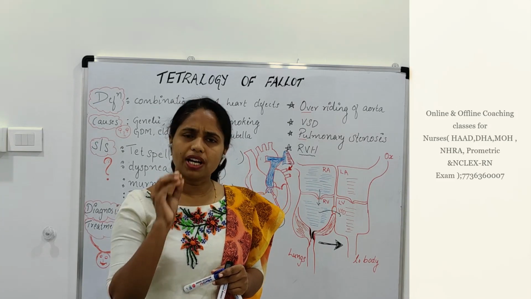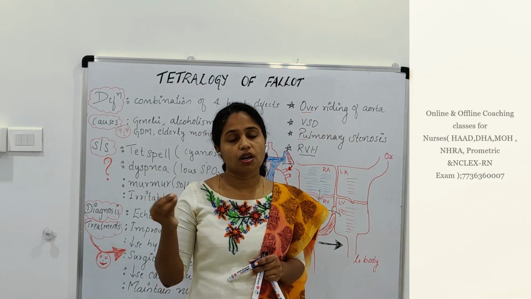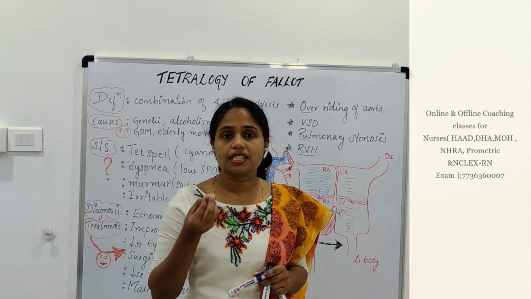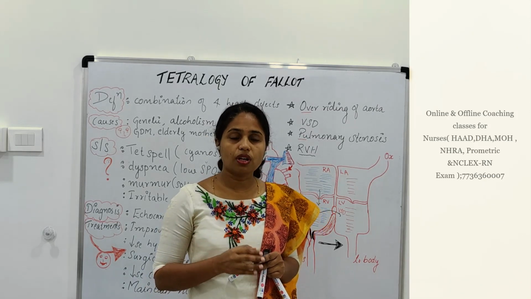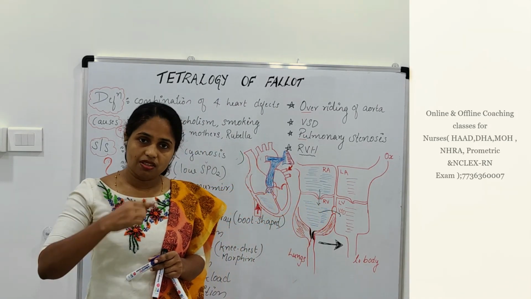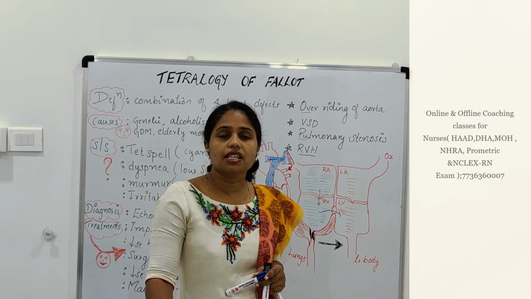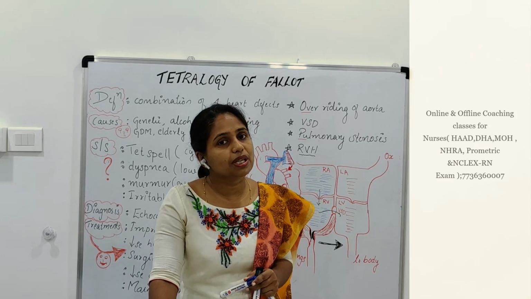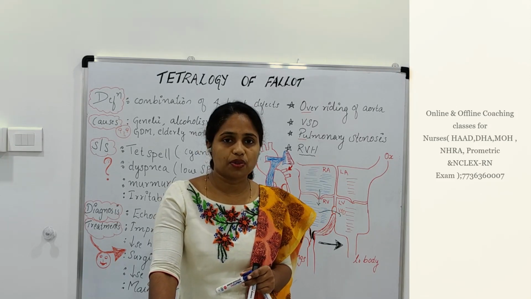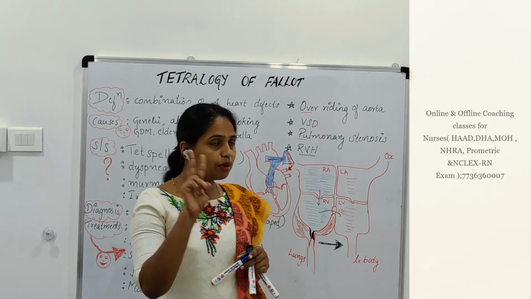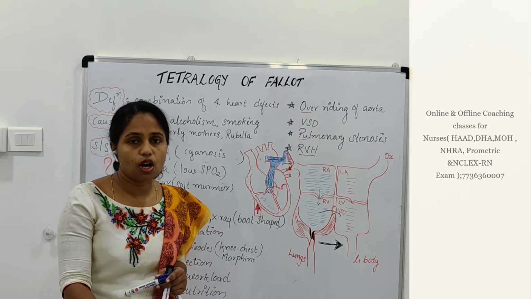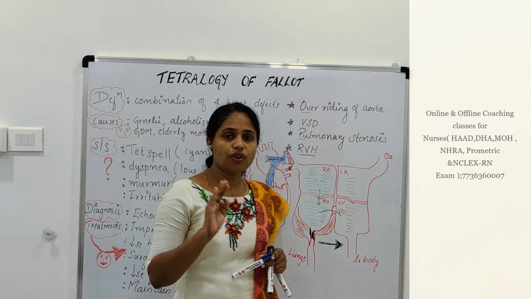So very little blood reaches the lungs. So what will happen? The speed of gas exchange will decrease, or the amount of blood which is circulating will reduce. Gas exchange decreases, and ultimately that could end up with hypoxia. Okay, so there are two main physiologies you should note. One, overriding of the aorta.